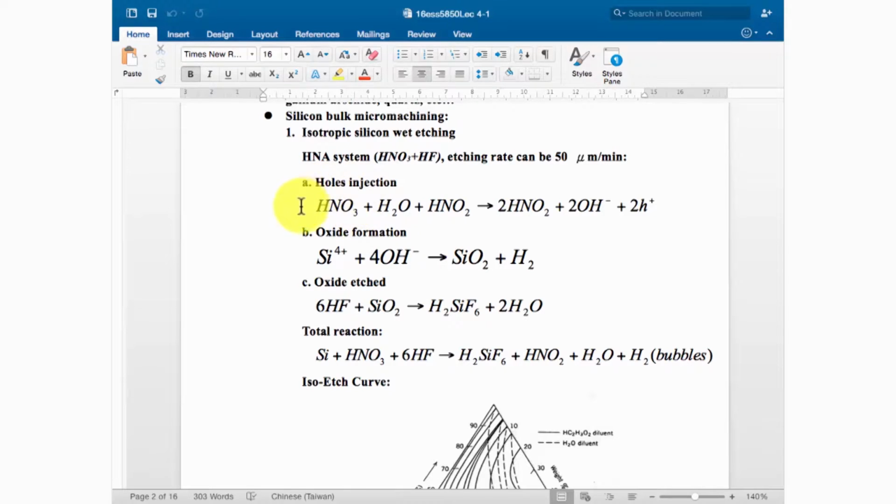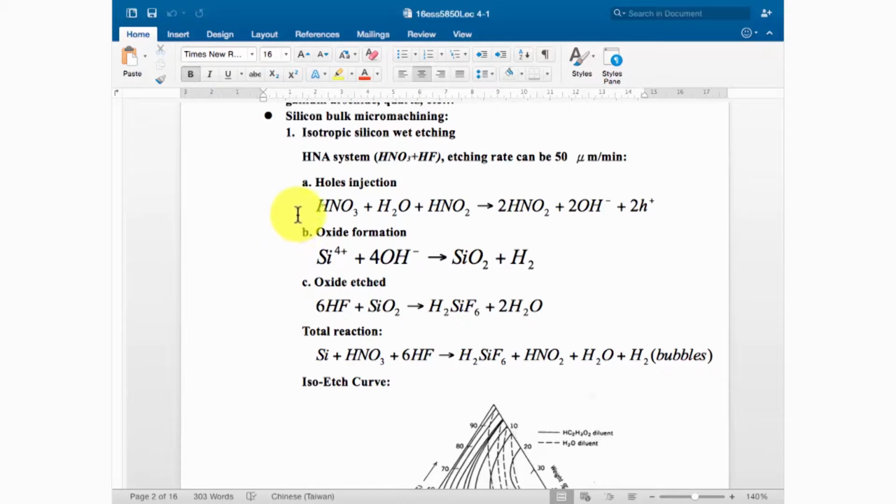Nitric acid is a very strong acid that oxidizes your substrate. Because you inject two holes, the silicon accepts these two holes and is oxidized to form silicon dioxide. After you form the silicon dioxide, you also generate some hydrogen bubbles. Then the silicon dioxide can be etched away by hydrofluoric acid, HF. That's the final step.